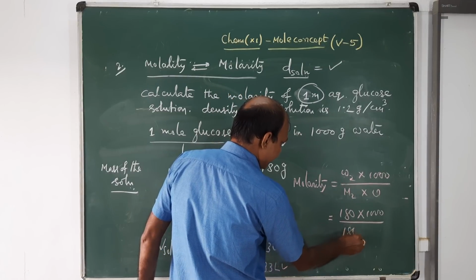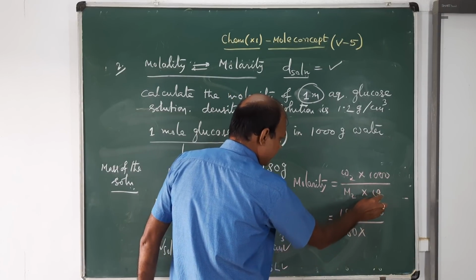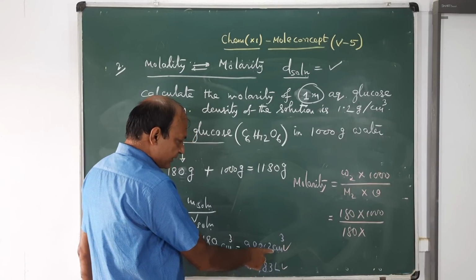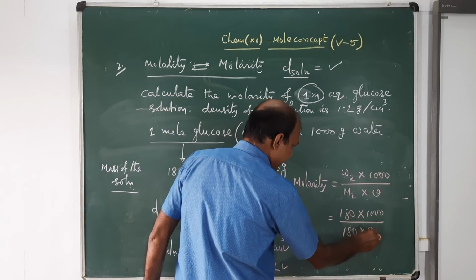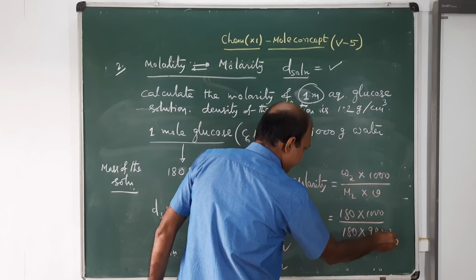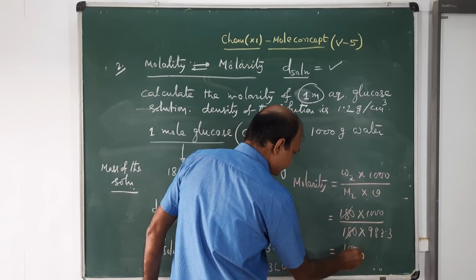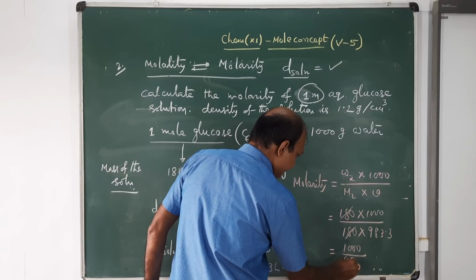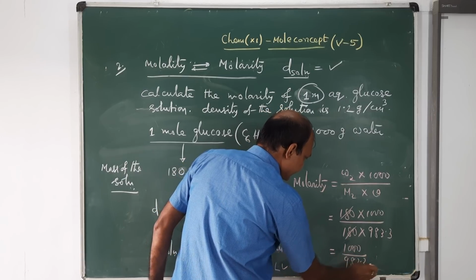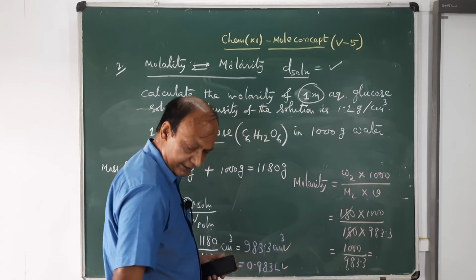So 180 into the volume of the solution in centimeter cube, 983.3. So this is cancelled. So you are getting 1000 by 983.3. See the answer.